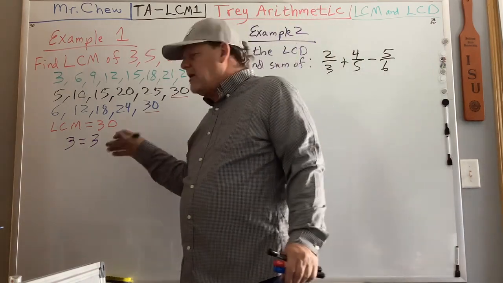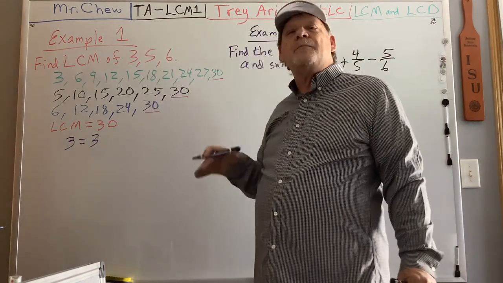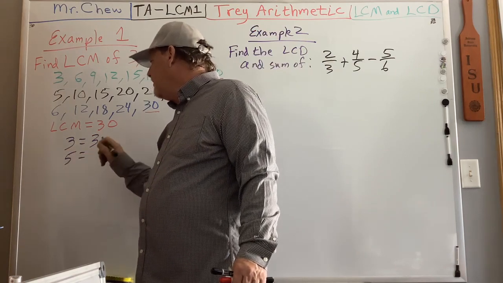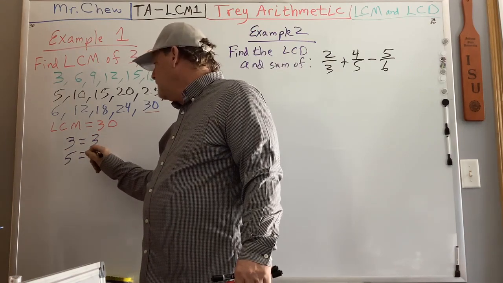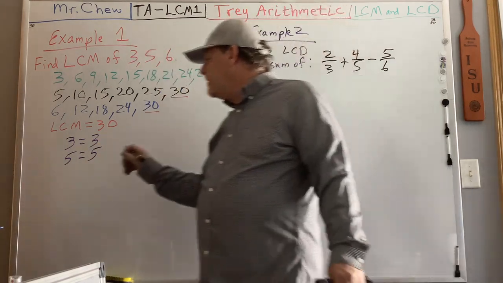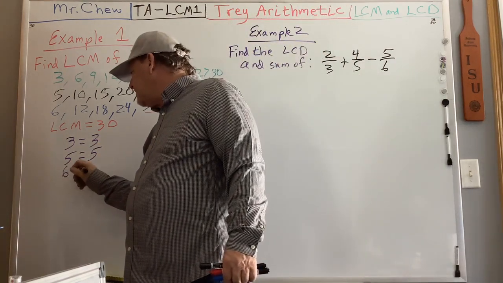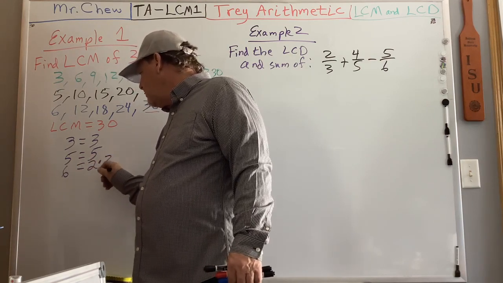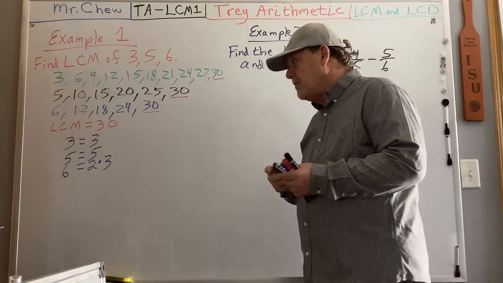You could have 3 times 1, but we want to write the primes right now. And then 5 is just 5. It's a prime too. But 6 is composite. What does that mean? It's 2 times 3.